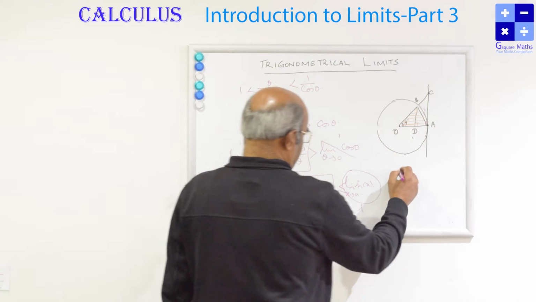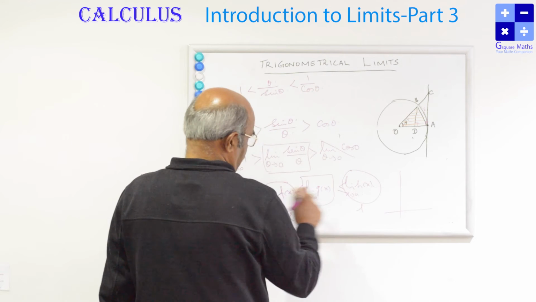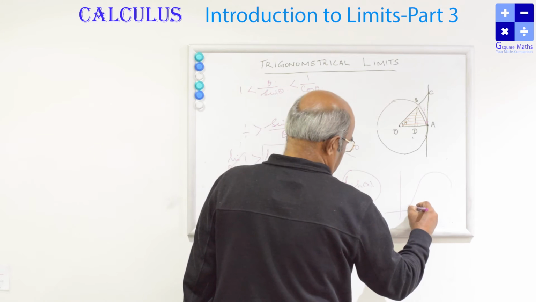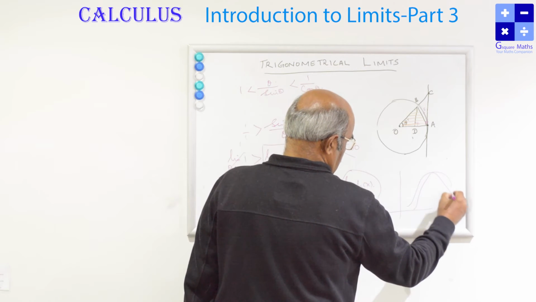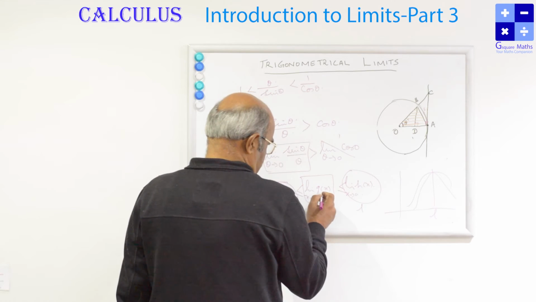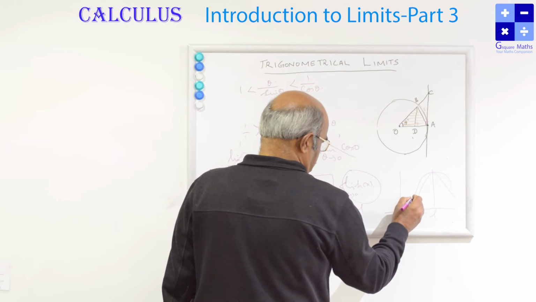If you draw the graph, it will come like this. This function is coming like this. This function is coming like this. And this is the L value. Now the g(x) which is in between also has to cross that.